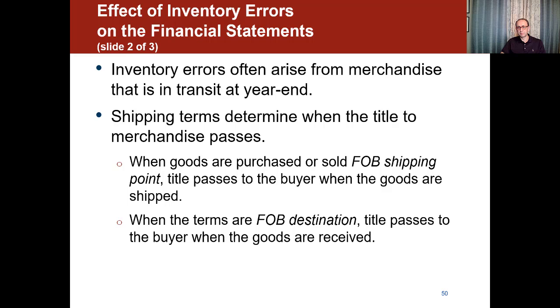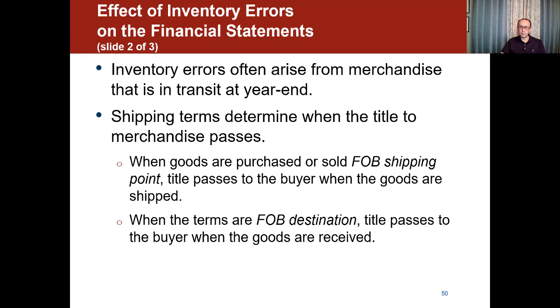So that's a problem. If I'm a buyer and I bought some inventory items and the agreement was free on board shipping point and they're still in transit, I should count them as part of my inventory. But in many cases, people might miss it because it's not in the warehouse.